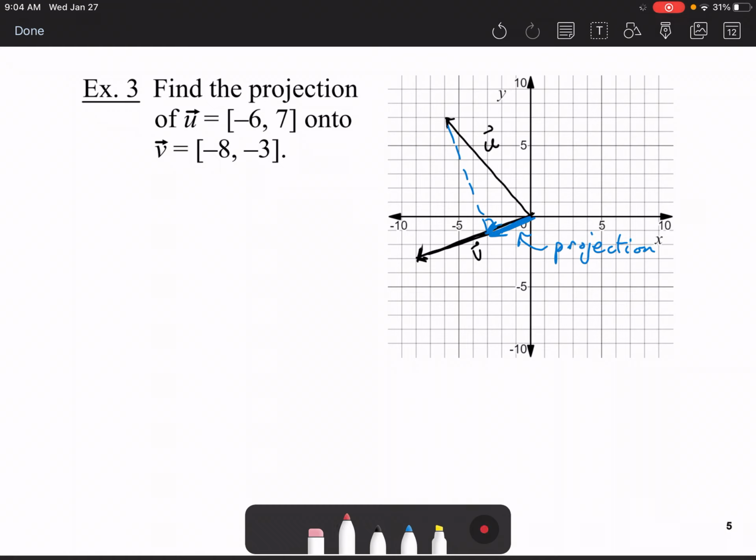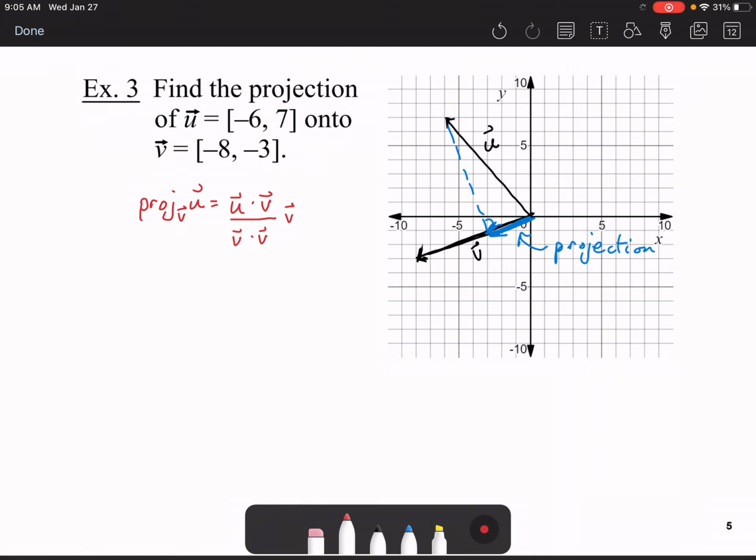Okay, so let's work this out. Projection of u onto v is given by u dot v over v dot v times the vector v. Now realize the u dot v over v dot v is actually going to turn out to be a scalar.